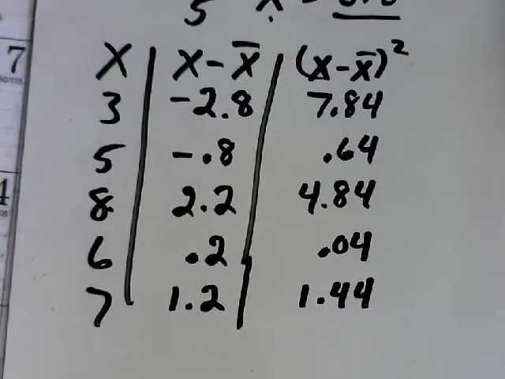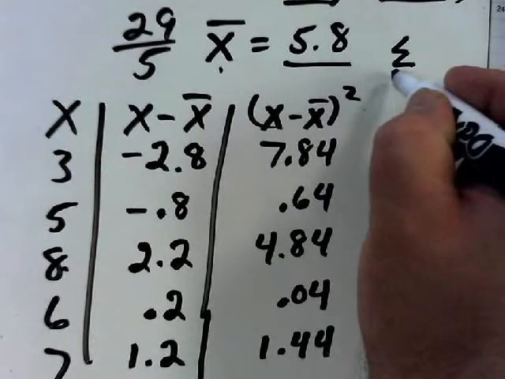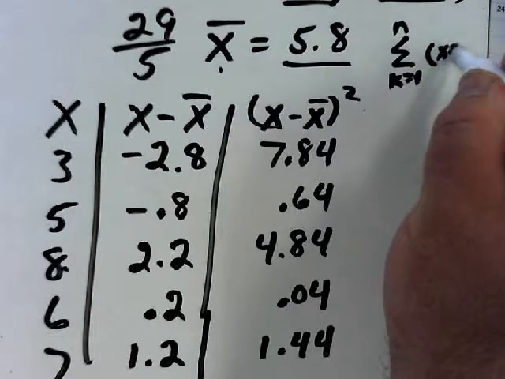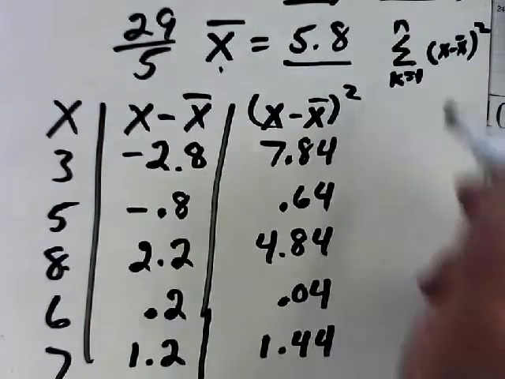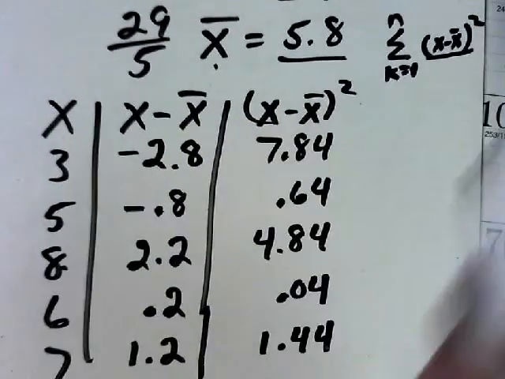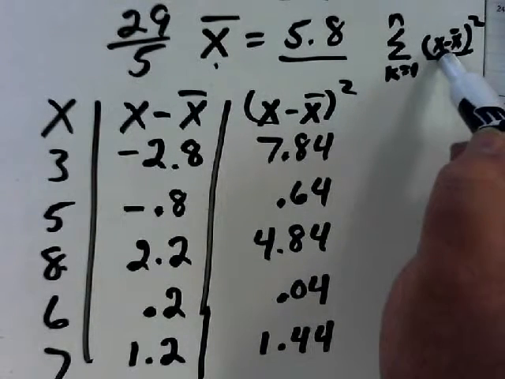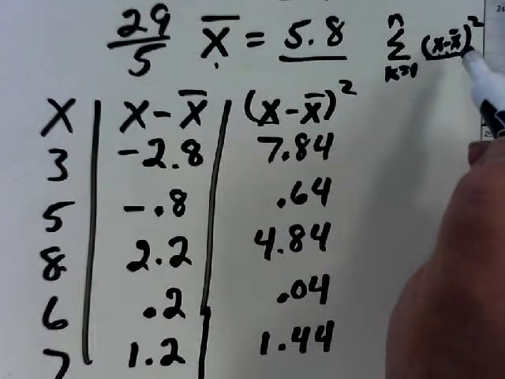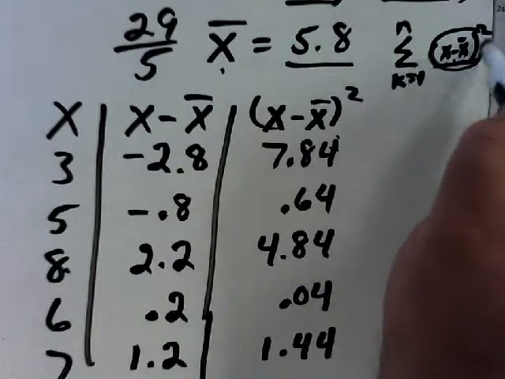Okay? So now in that formula that I had before, I'm going to write it real small up here. X minus x bar squared. I have found all of these parts, right? Right here, correct? Yes. I took the x, the number, minus the average, and I squared it. So I've done this part of that formula, haven't I?